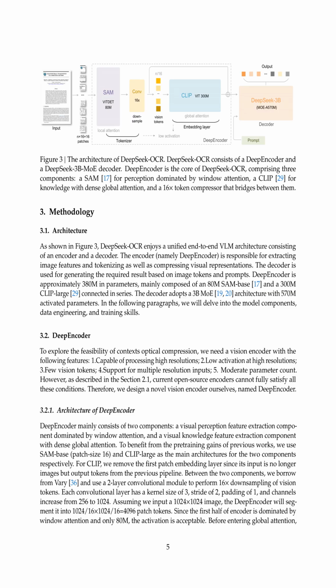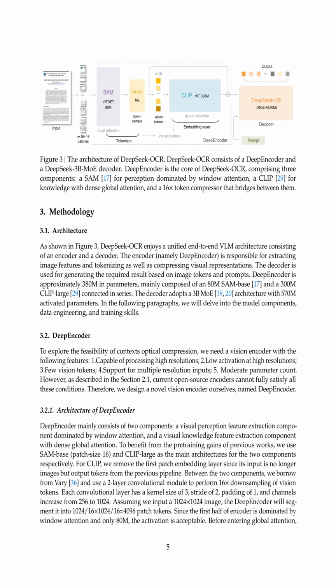3.2.1. Architecture of DeepEncoder. DeepEncoder mainly consists of 2 components: a visual perception feature extraction component dominated by window attention, and a visual knowledge feature extraction component with dense global attention. To benefit from the pre-training gains of previous works, we use SAM-base, patch size 16, and CLIP-large as the main architectures for the 2 components respectively.